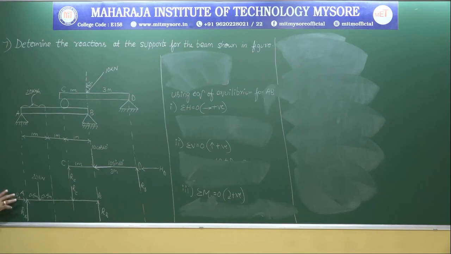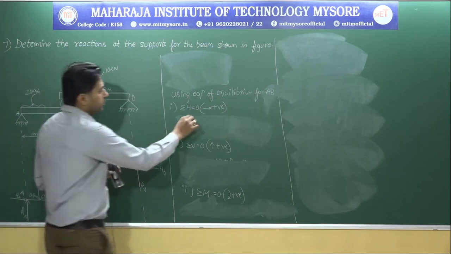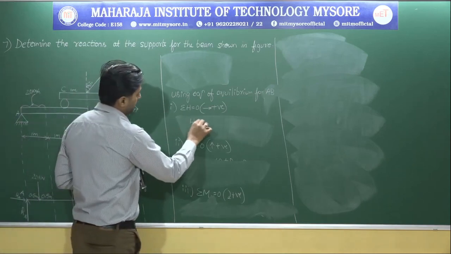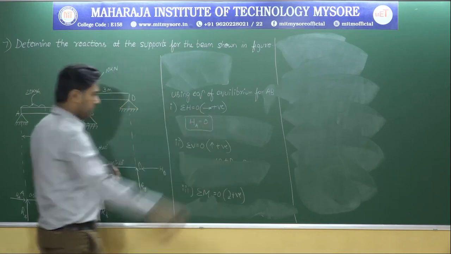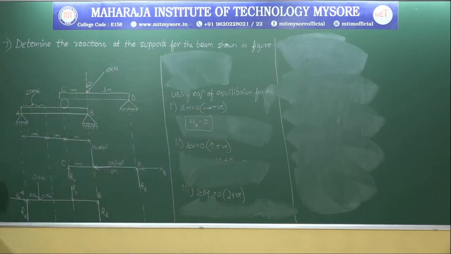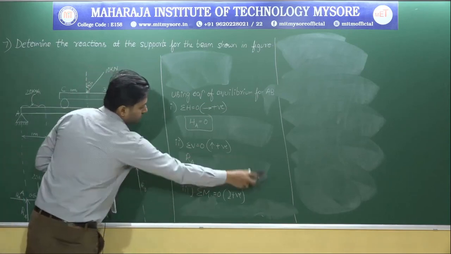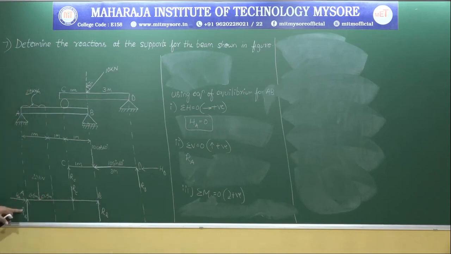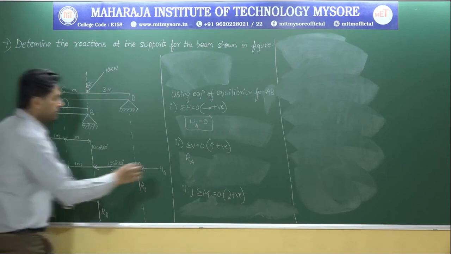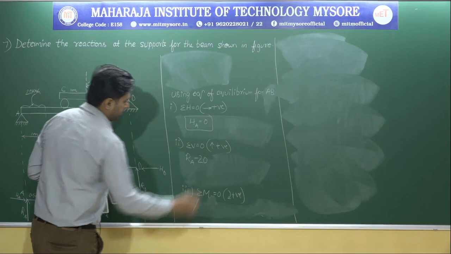Sigma H is equal to 0. We are having only one particular force here, HA, so HA will be equal to 0. This we got. Next, let me go with sigma V, vertical forces. RA is acting in upward direction, so positive. Next, minus 20 kilonewton, which is acting in downward direction.